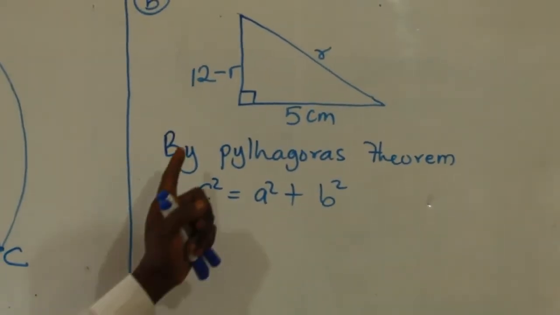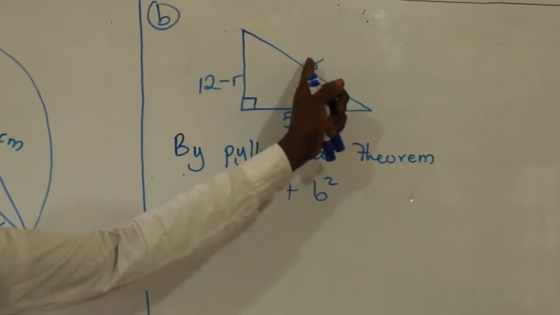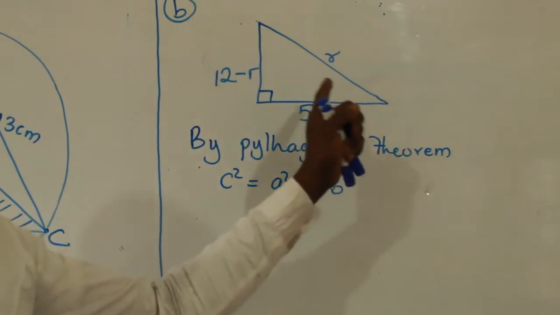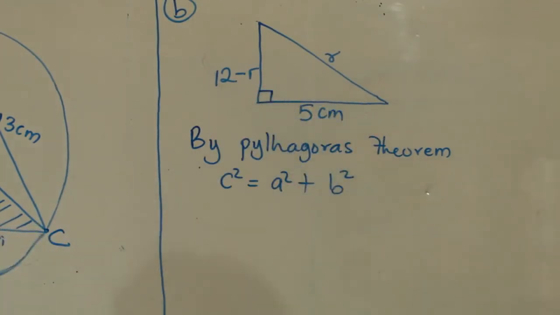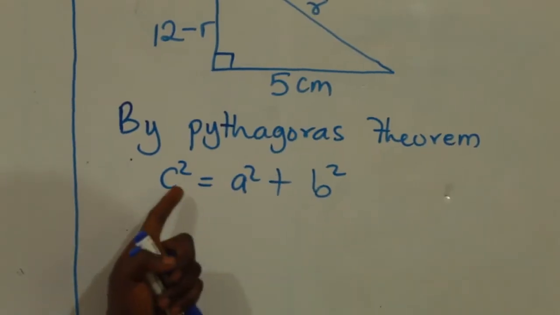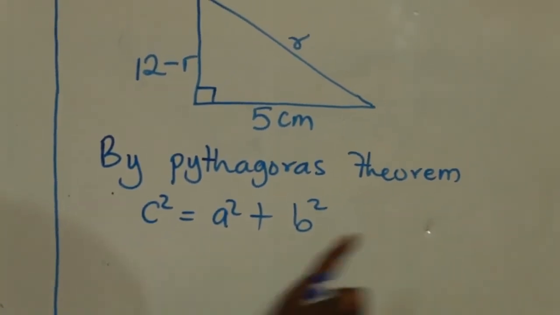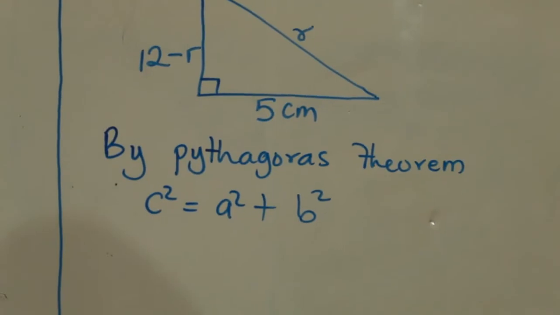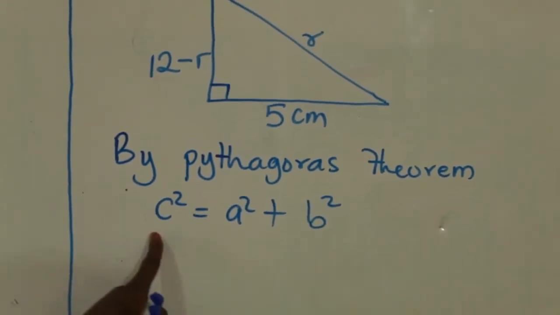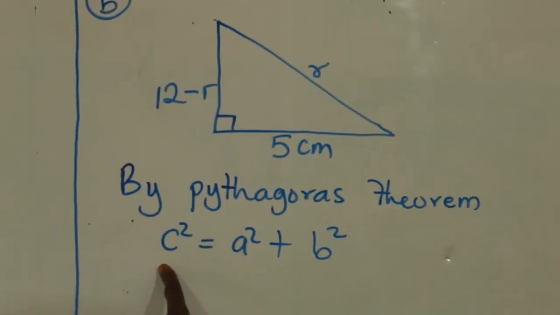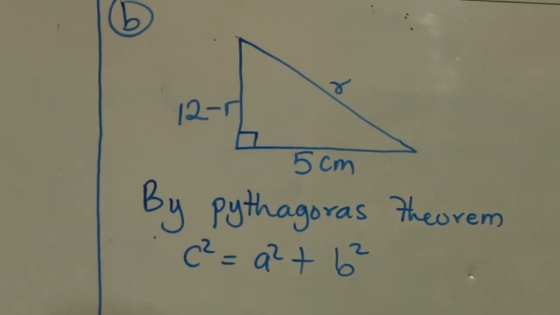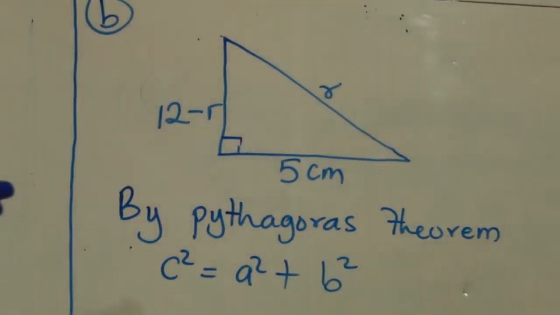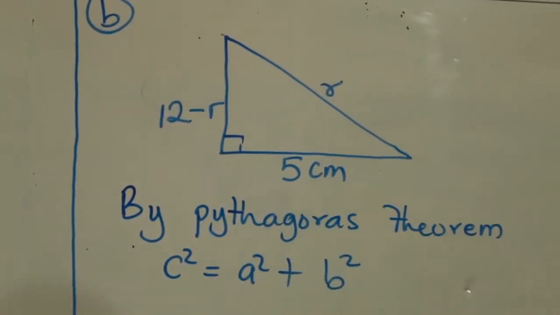It has to be the line which is facing the 90-degree side, or the longest part of the triangle.